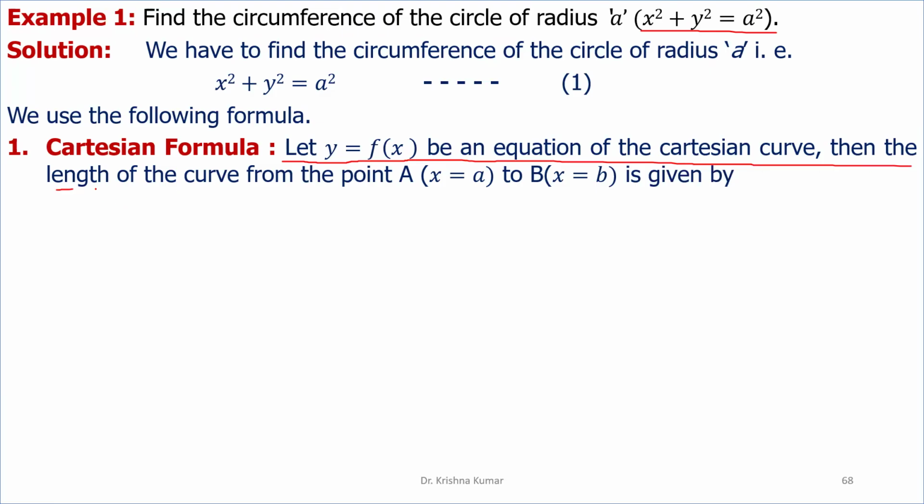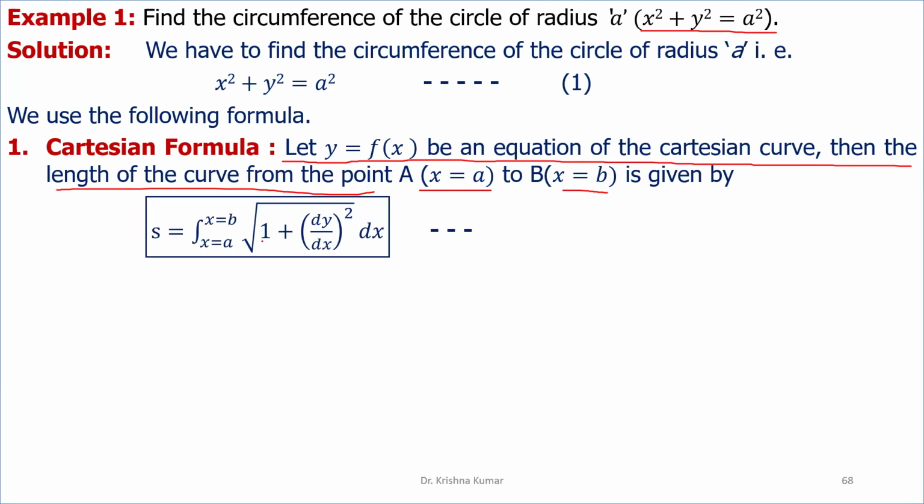Then the length of the curve from x equal to a to x equal to b is given by s is equal to the integration from x equal to a to x equal to b of root over 1 plus (dy/dx) whole square with respect to x. Since the given curve is a Cartesian curve, we are using the Cartesian formula to find the rectification of the circle, or the perimeter of the circle, also called the circumference of the circle.